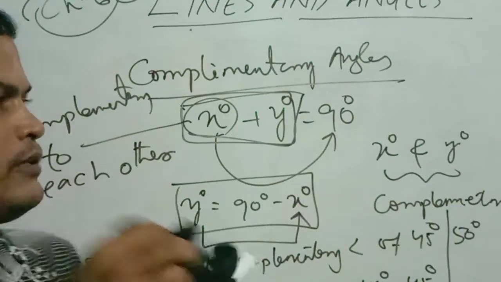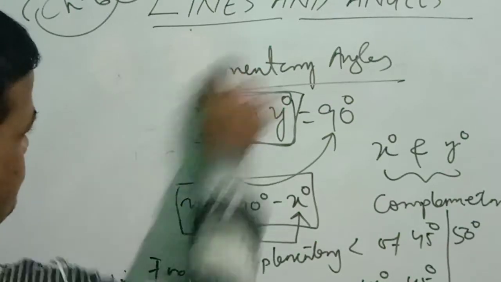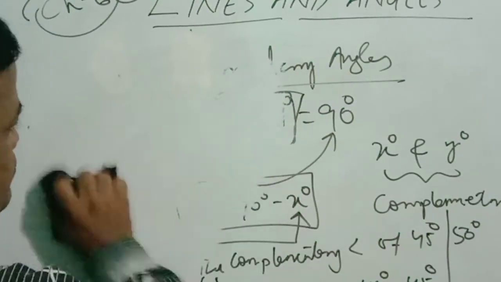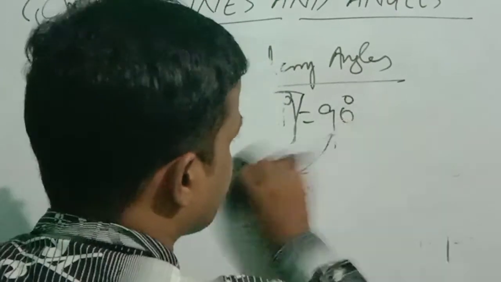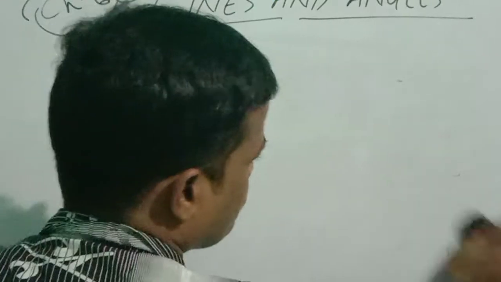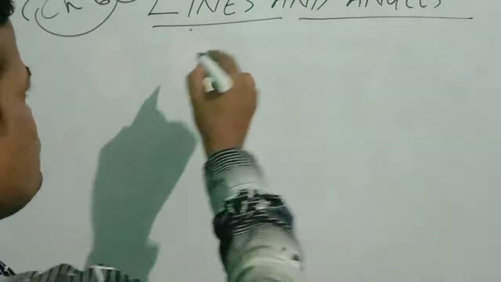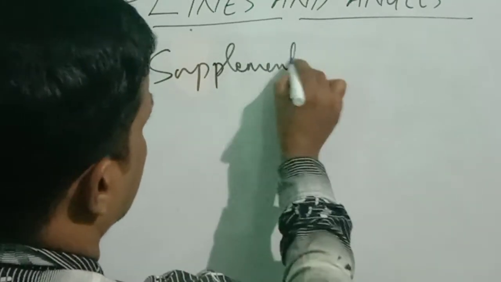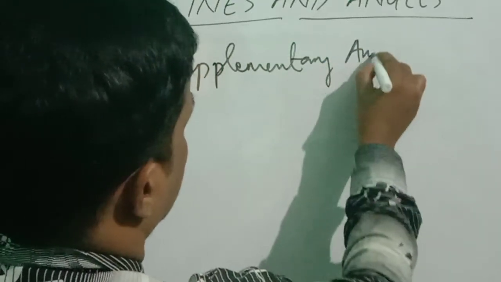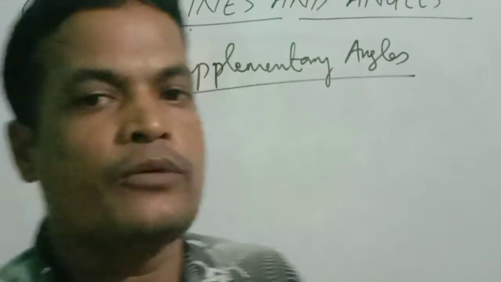Okay. Now let us see what supplementary angles are. Two angles are said to be supplementary if their sum is 180 degrees.